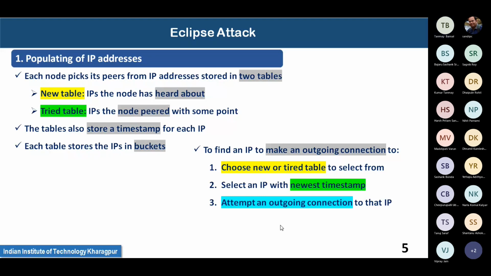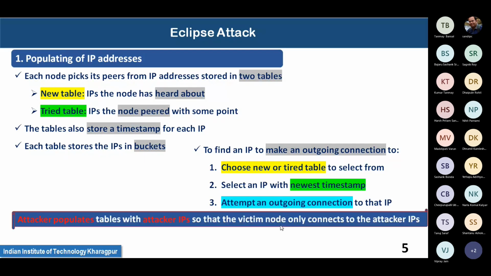So it picks at random either the new or the tried table, and then an IP from one of the buckets. It selects a bucket within that table and an IP from that bucket, and tries to set up a connection with that. As I said, that populates the tables with attacker IPs, so that the victim node only connects to the attacker IPs. These attacker IPs are usually populated in the tried table, and the new table is populated with some junk IPs.